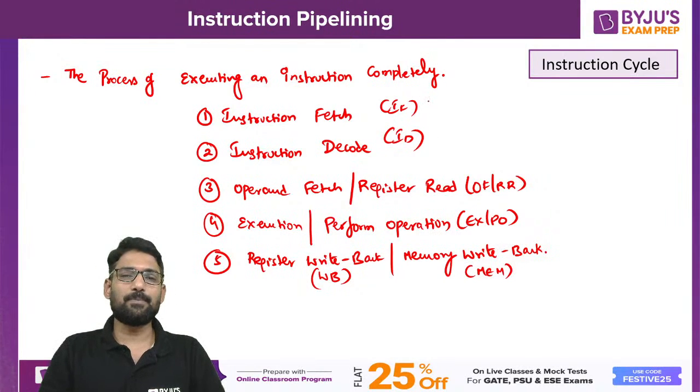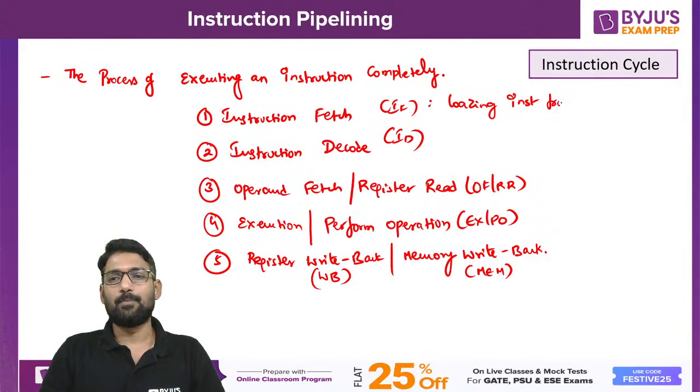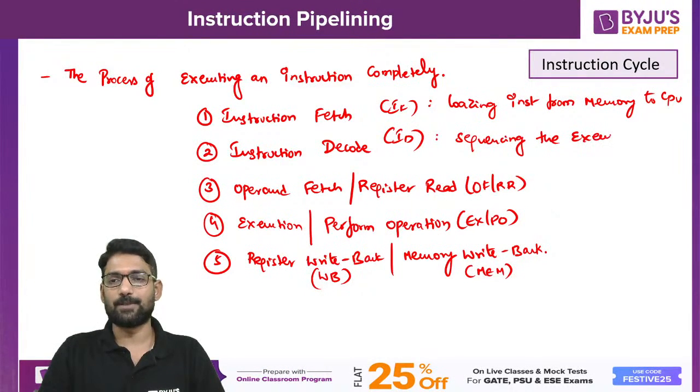So what is instruction fetch? Loading the required instruction from memory to CPU. And what is instruction decode? It is sequencing the execution, in what order the instruction has to be executed. And operand fetch or register read is loading the required operands into CPU.